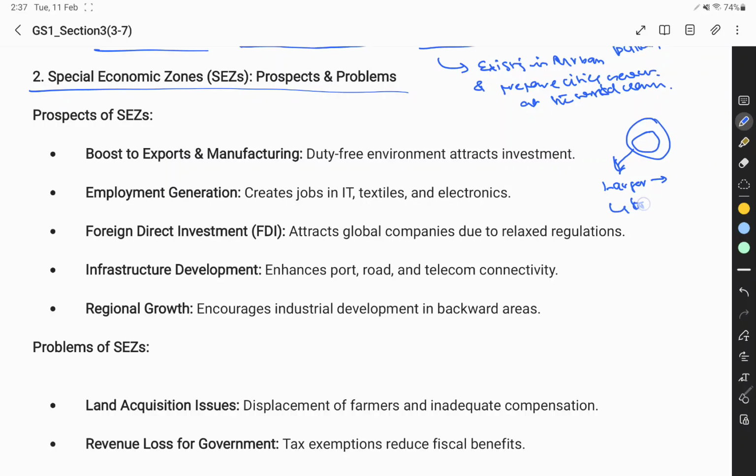Under tax concessions, these are based on conditions of production and investment. Then employee facilities, some of them include residential areas nearby, and these are especially to boost exports. The best models are working very well in China.